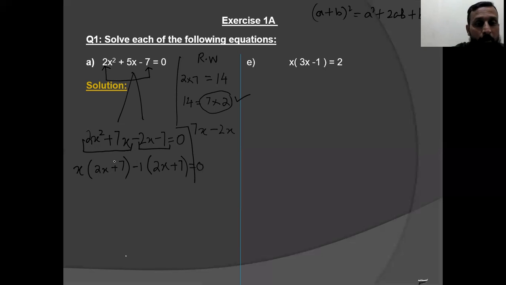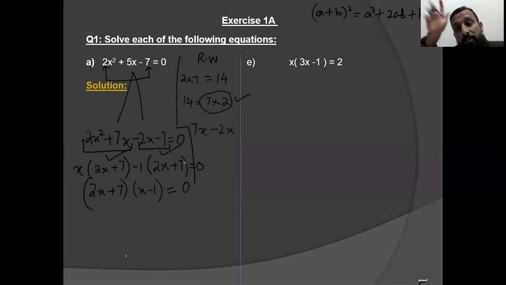All right. 2x plus 7, 2x plus 7 is again common. x minus 1 is equal to 0. Now we have made 2 factors, 2x plus 7 and x minus 1. So we make 2 columns.